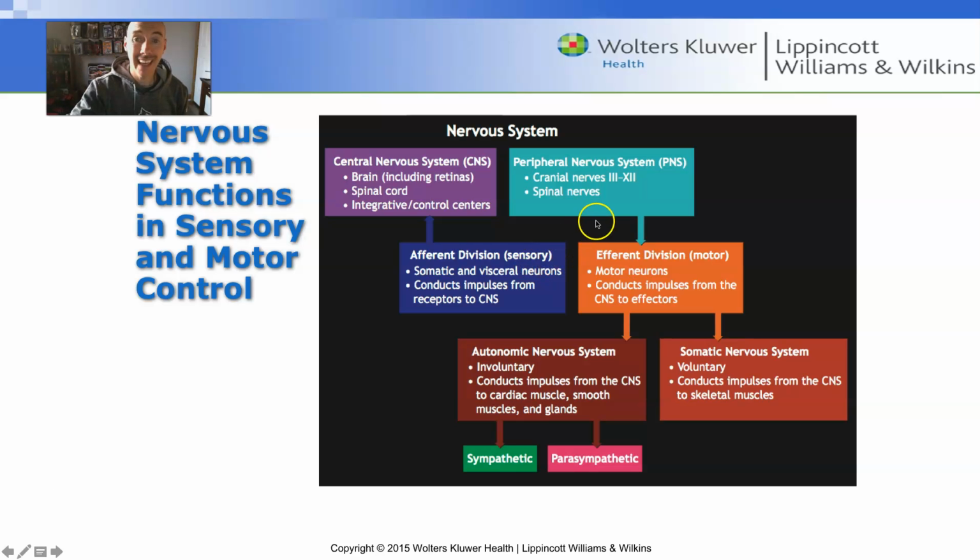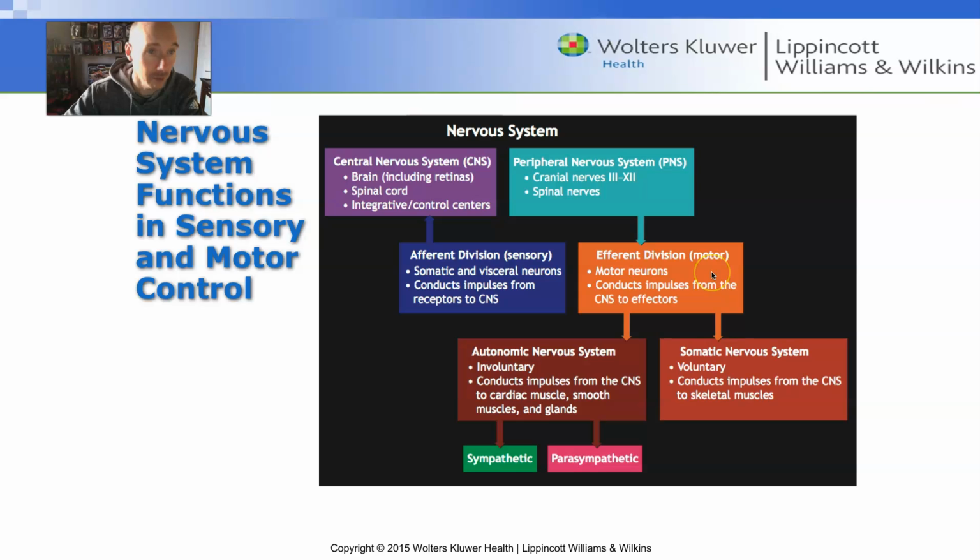And then over here, the efferent division is outgoing information from the central nervous system to the rest of the body. So why they chose two words that are so similar, I don't know. It's kind of frustrating. Afferent is incoming, efferent is outgoing, okay?